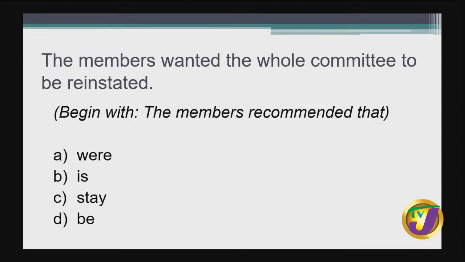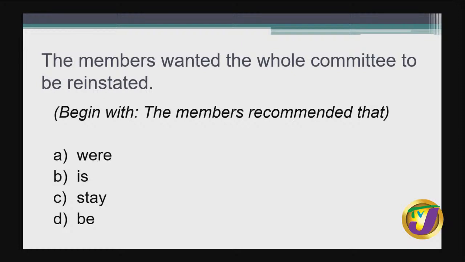The members wanted the whole committee to be reinstated. And you have to start with the members recommended that. So look at the original now. You had the members wanted the whole committee to be reinstated, but you have to move it now to say the members recommended that, what? Now you have some verbs you have to put in there.